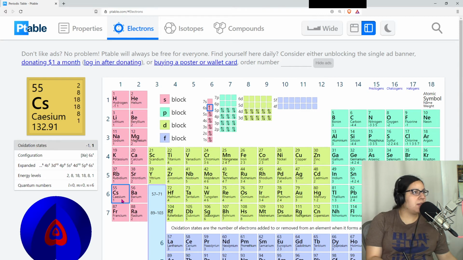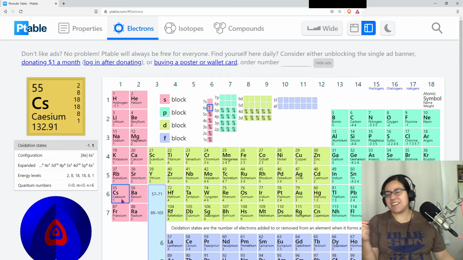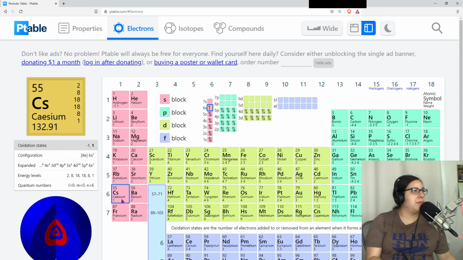All these inner electrons are core electrons, and so we don't care. It's not that we don't care, but they're not influential, because they're deep inside.